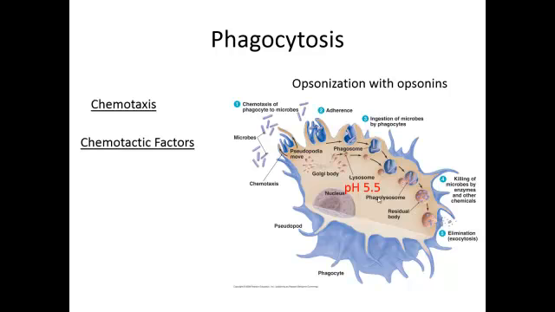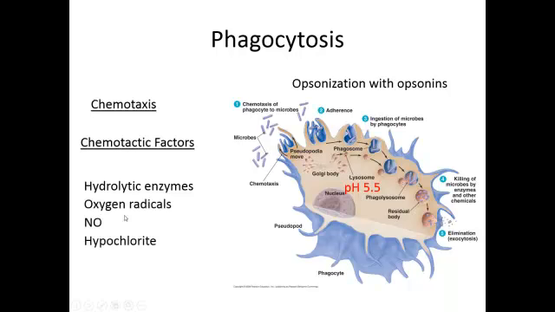The hydrolytic enzymes work best at this pH, and we keep them wrapped in lysosomes so that they don't escape into the phagocyte and eat up the phagocyte. So once the lysosome fuses with the phagosome, we call this a phagolysosome, and the hydrolytic enzymes go to work, breaking down the microbe. Now, there are other things that are also in the lysosome.